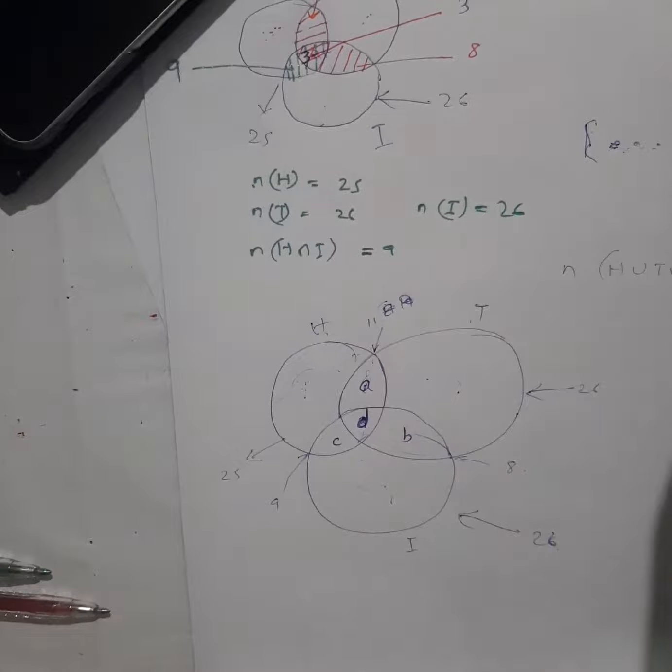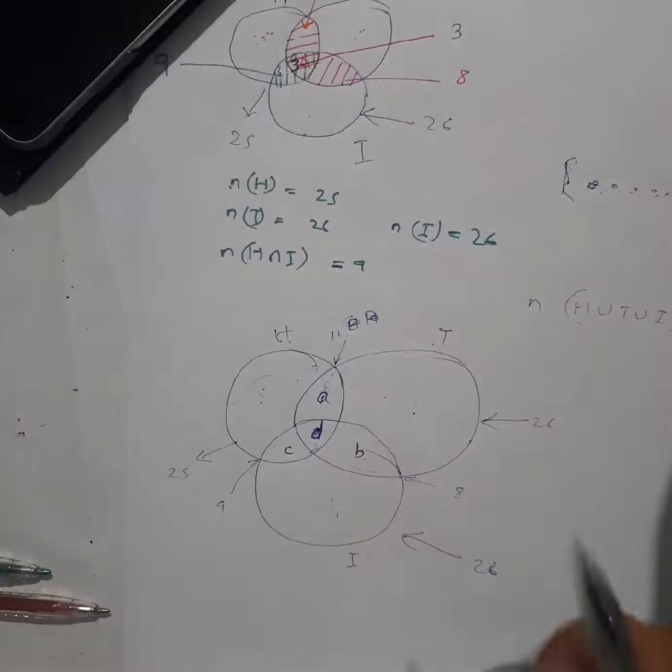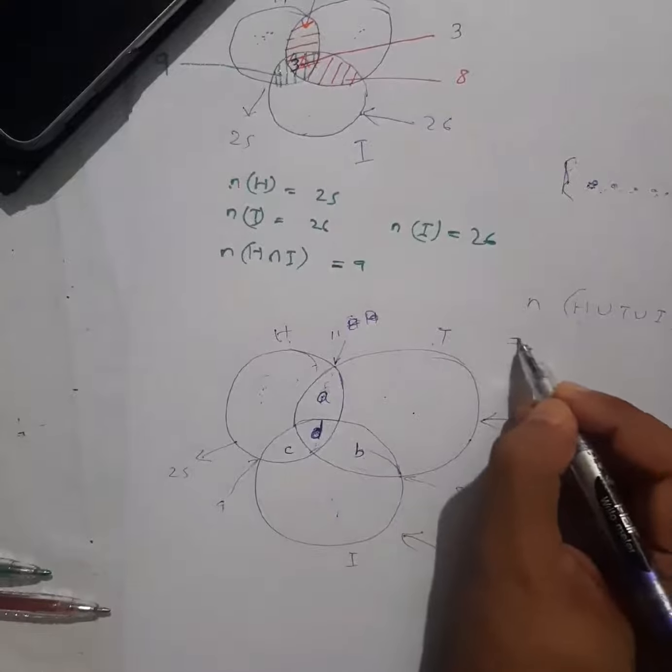And moreover, you can use the formula. You have a formula for this, right? Using the formula also you can directly get this. So very simple. What was the formula? I have already given it, right?